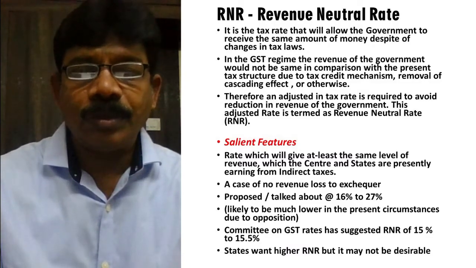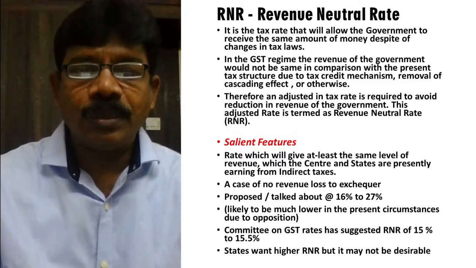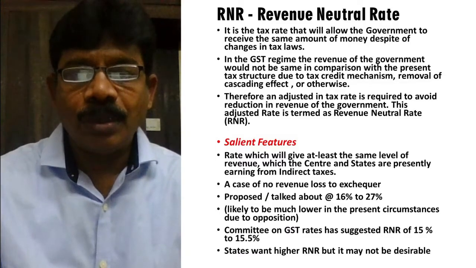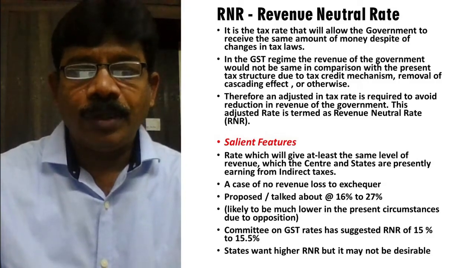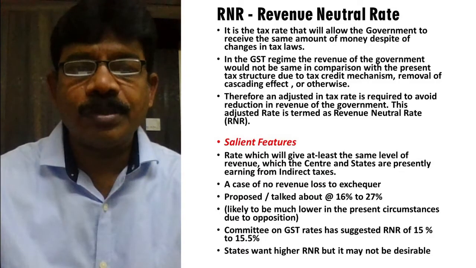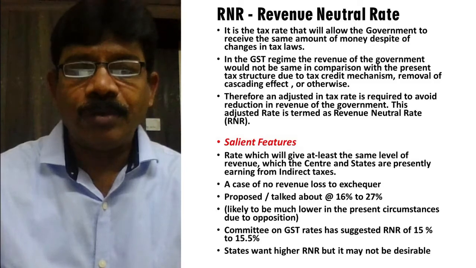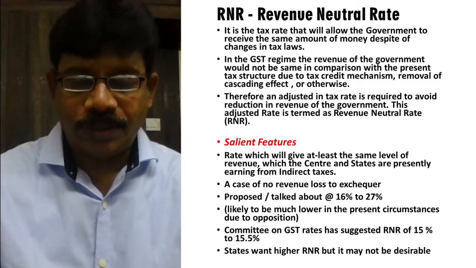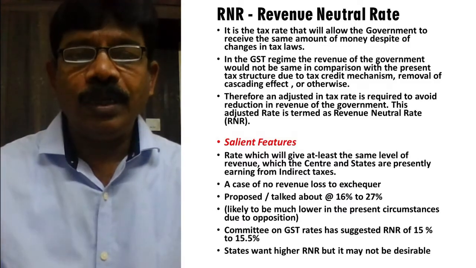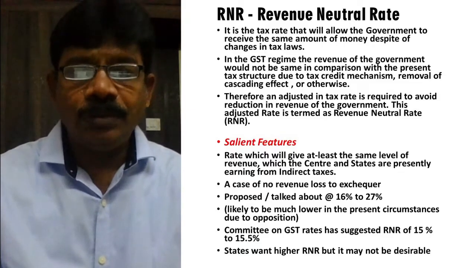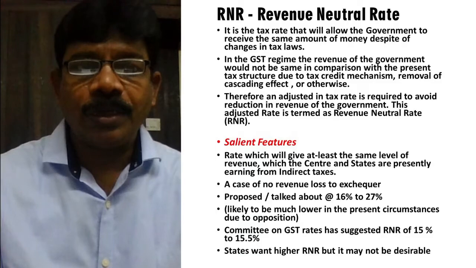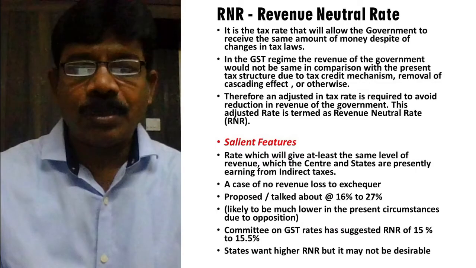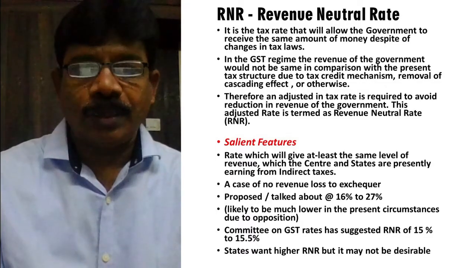But if the tax is more, then that discourages the consumption as well as the trade. Less tax will increase the consumption as well as trade, and revenue will also increase. So RNR is the rate at which state and central governments get income not less than under the earlier tax laws.